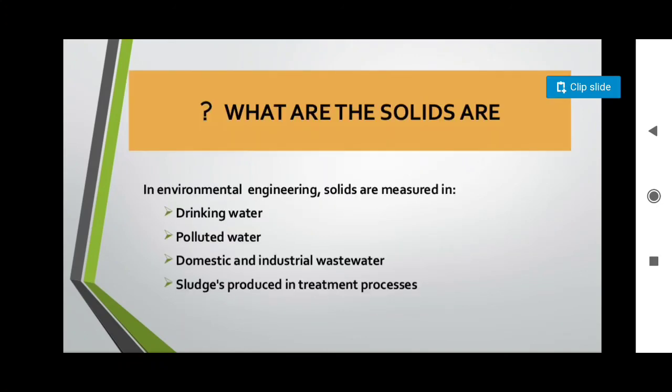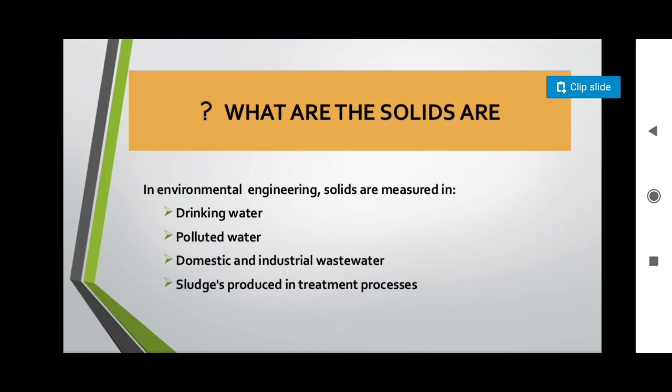So why are we studying these solids? Why are these solids required to be studied? Because the presence of solids makes a water sample contaminated, and this contaminated water cannot be used for potable purposes.